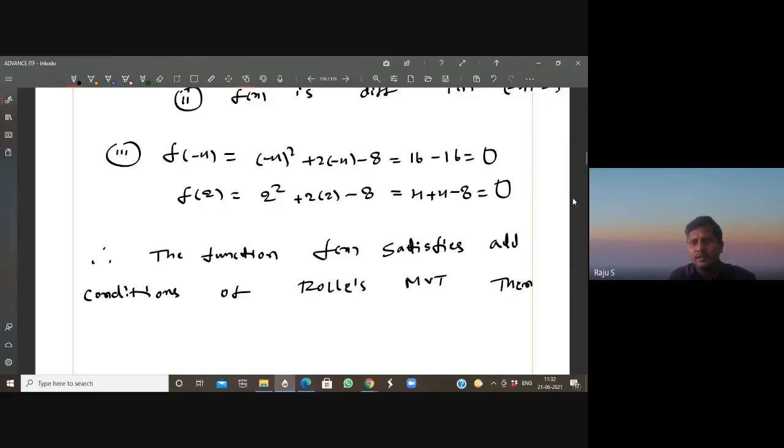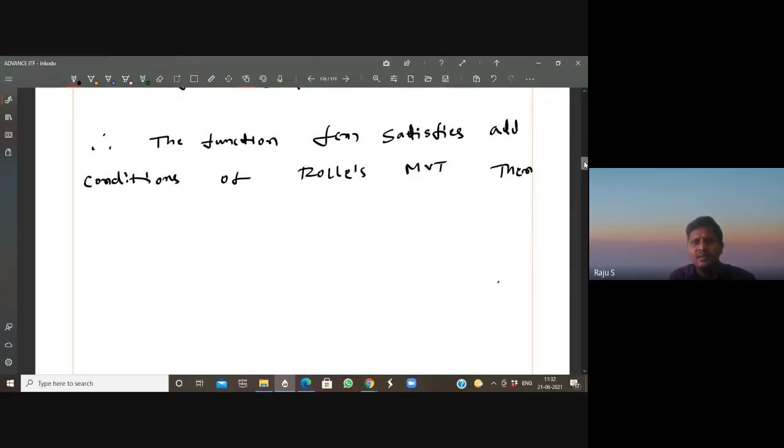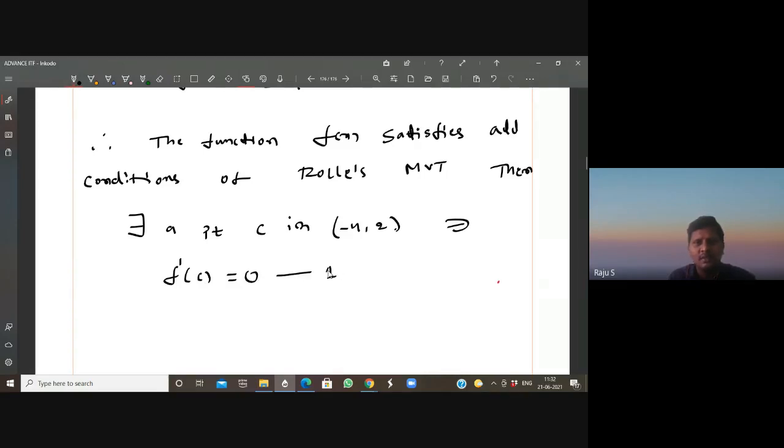Yes, students, when the function satisfies all conditions of Rolle's mean value theorem, then what can we write? Then there exists a point c in the open interval -4 to 2, as the interval values are already given, such that f dash of c is equal to 0. Let us take this as equation 1.